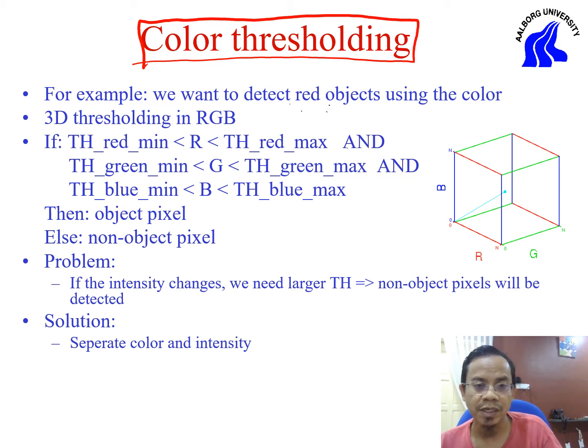Then we can filter out the color that we don't want by using this coding. If R is greater and less, G greater and less, B greater and less, we get the object pixel, else non-object pixel. Okay, this is the coding for color thresholding. If the intensity changes, we need a larger TH, and non-object pixels will be detected. Solution: separate color and intensity.